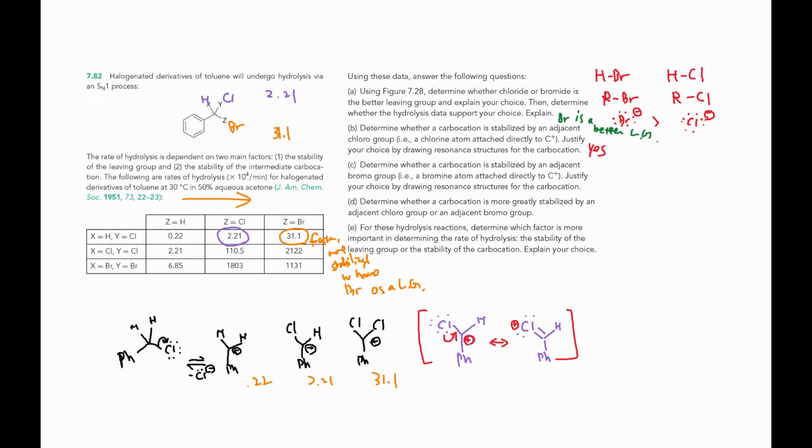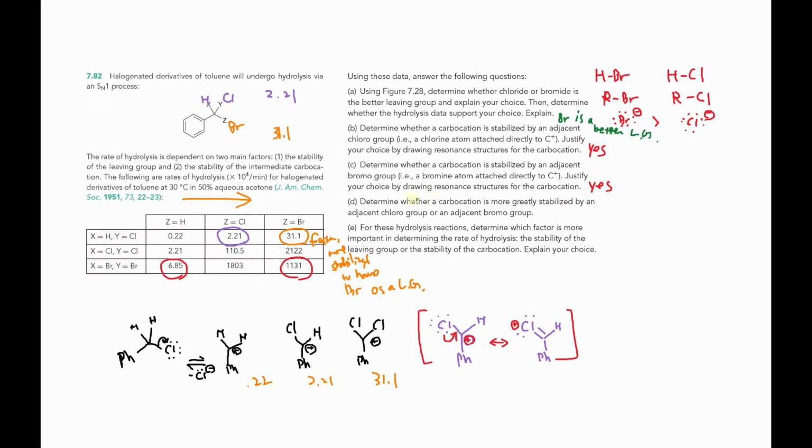Comparing the data, obviously having 3 bromo, having more adjacent bromo groups on the carbocation, is a stabilizing factor. Therefore, this answer is also yes.